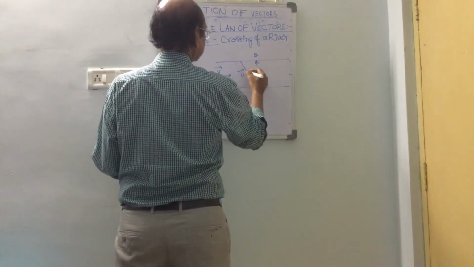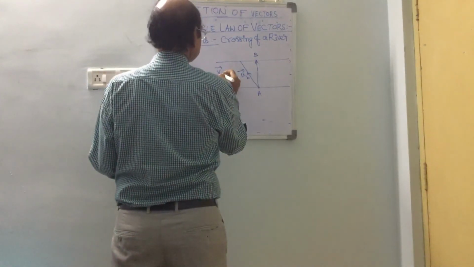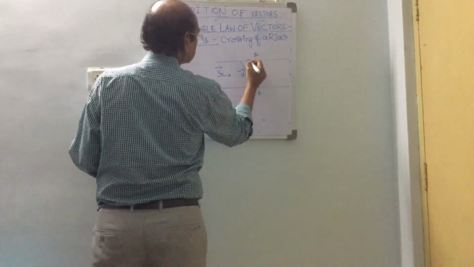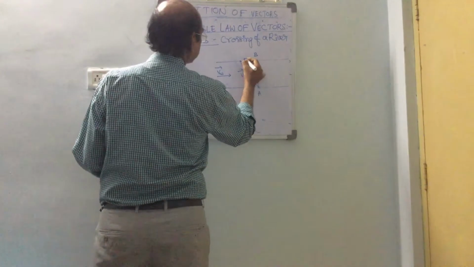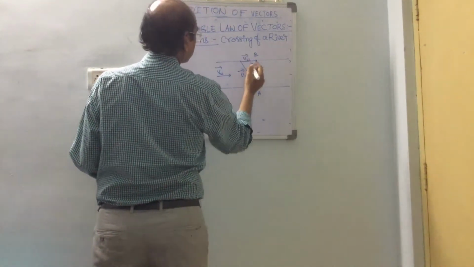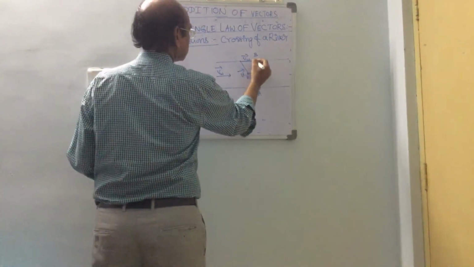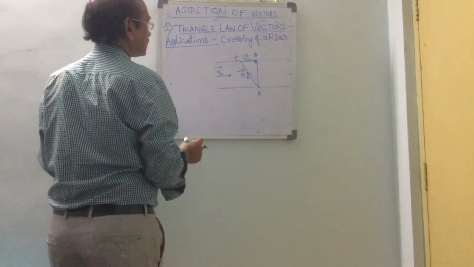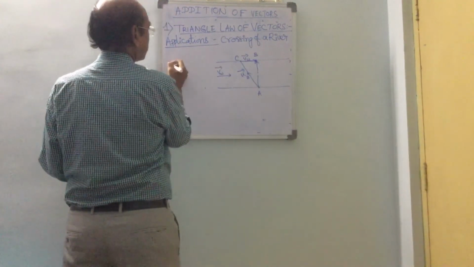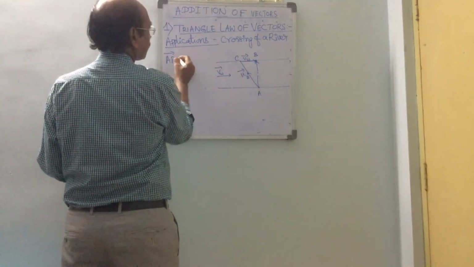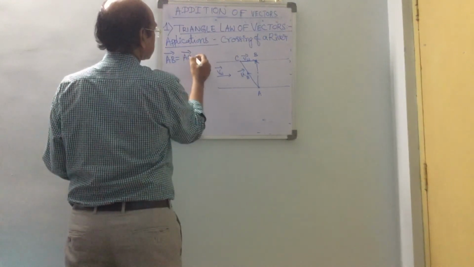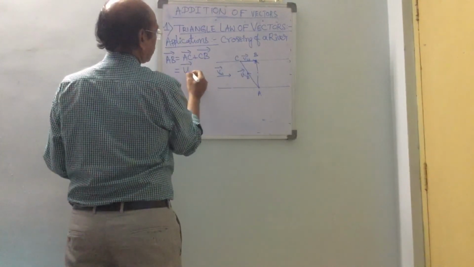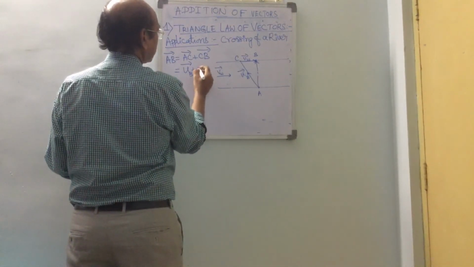This is the boat velocity, and this is the river water velocity, V bar W. So the resultant AB bar is obtained as AC bar plus CB bar, that is boat velocity plus river velocity.